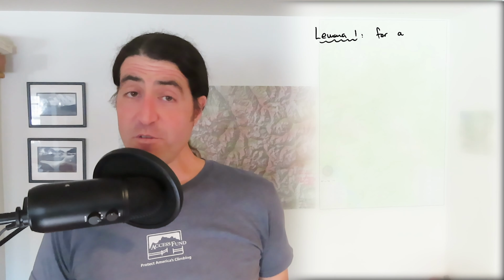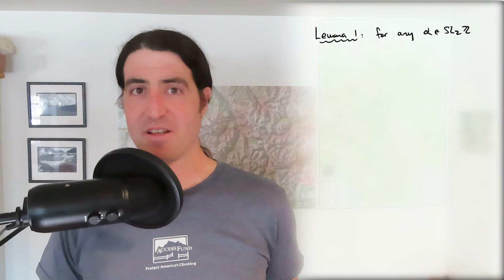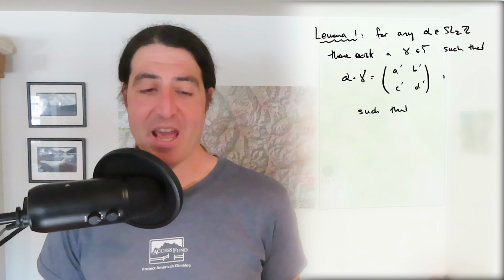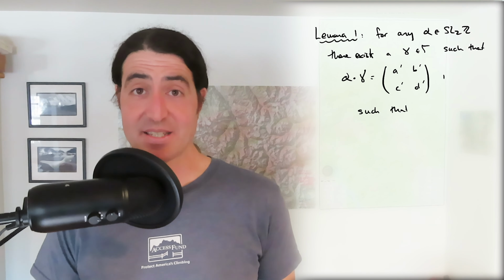So, lemma 1. For any alpha in SL2Z, there exists a gamma in capital gamma such that the product alpha times gamma, represented here by A', B', C', D', has C' positive, D' negative. Proof.